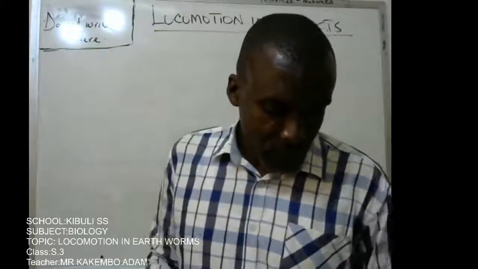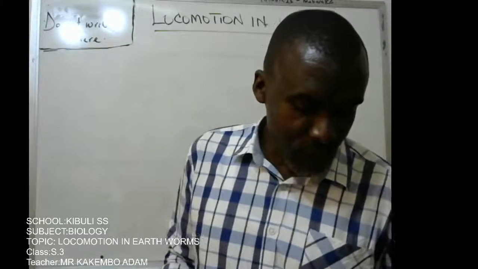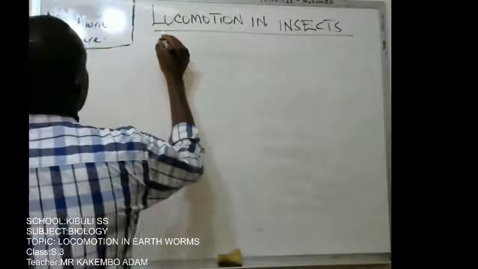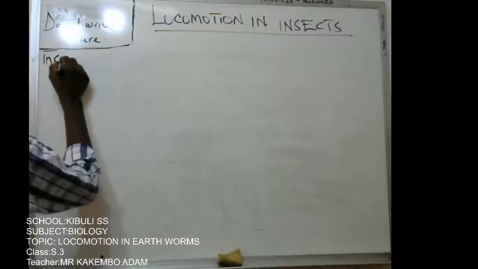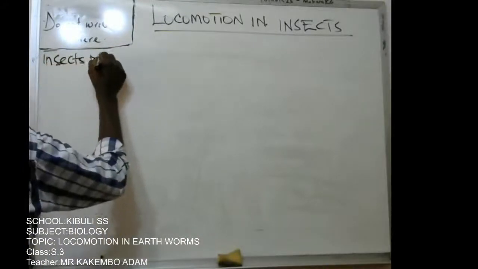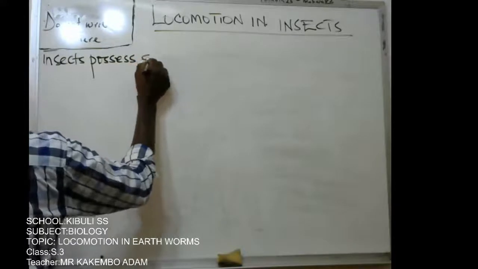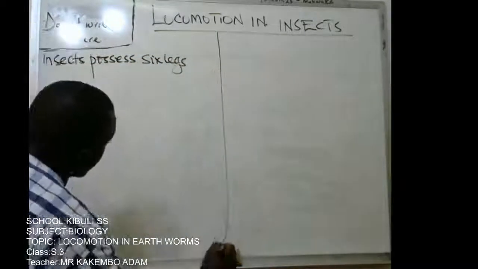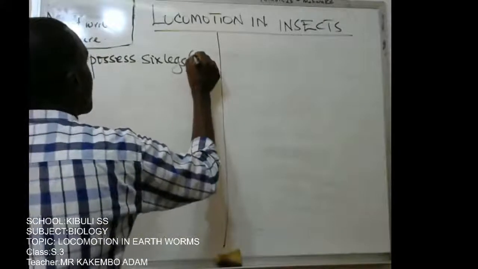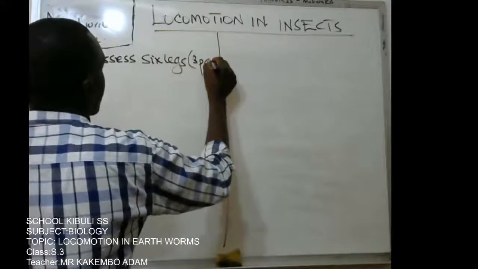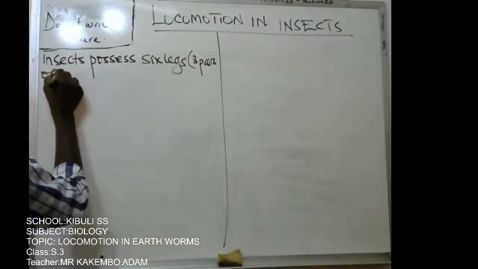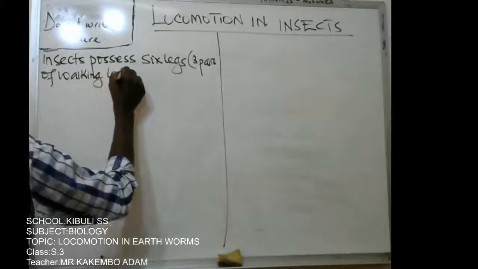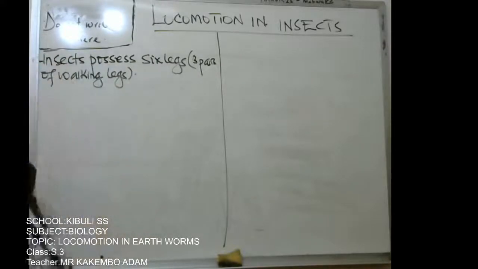Insects possess 6 legs, or three pairs of walking legs. Take note.